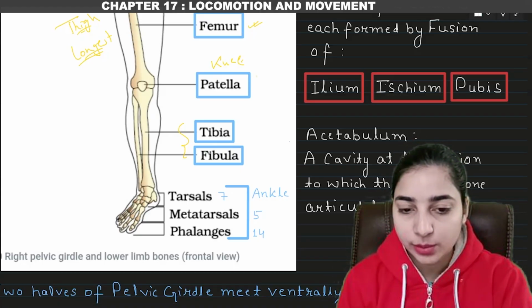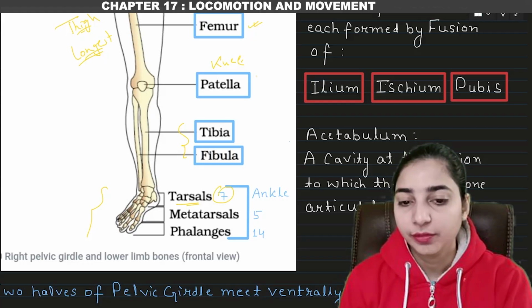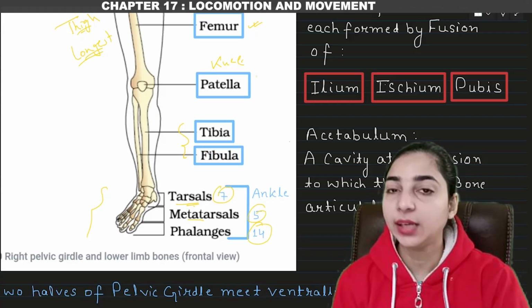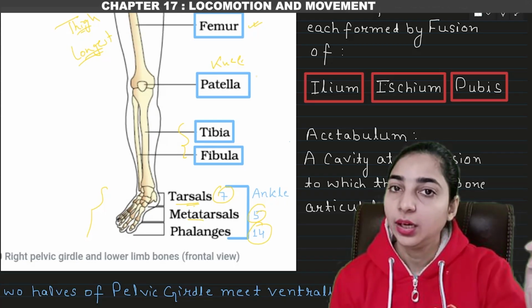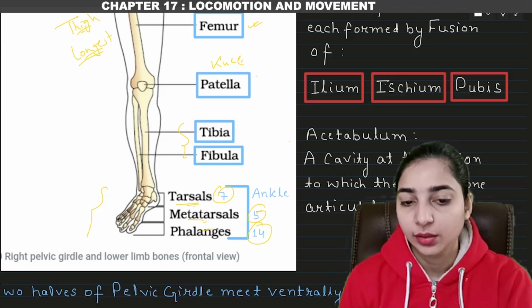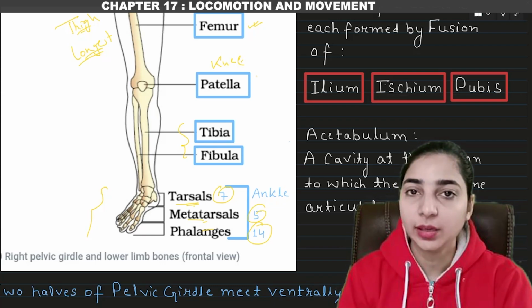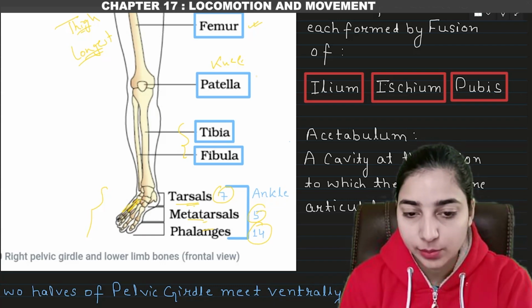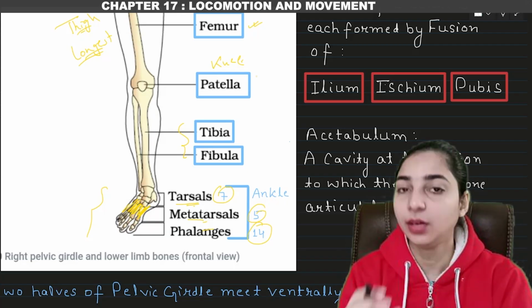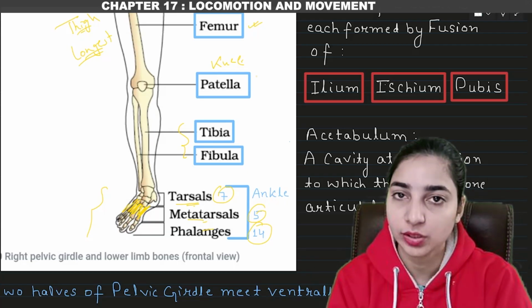And then at the lowest part you can see tarsals, 7 tarsals are there, 5 metatarsals and 14 phalanges. Okay, so the tarsals are the ankle bones, just like the carpals of the wrist bones. Then metatarsals, the middle part, that means this part. And then 14 phalanges, that means the 14 bones present in the finger regions, toes region.